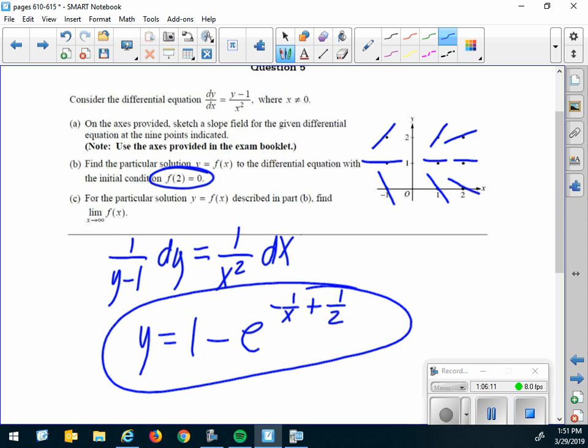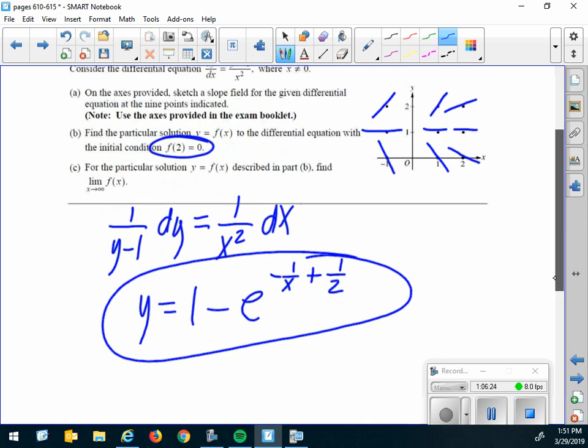The author doesn't have an answer to the last part, so I don't know if he meant to leave it out or not, but let's take a look at it. For the particular solution described in part B, what is the limit of that function as x approaches infinity?